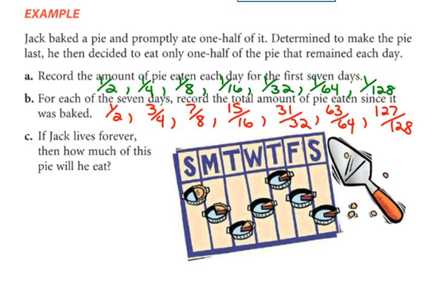And look what's happening to how much total pie Jake has eaten. Initially, he ate half the pie right off the bat. And you're probably thinking, holy cow, this guy's going to eat a lot of pie. But the series, right, S sub 1 was 1/2, S sub 2 was 3/4, S sub 3 was 7/8, 15/16, 31/32, 63/64, 127/128.